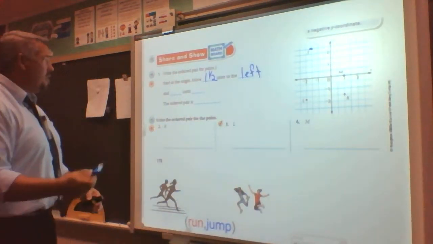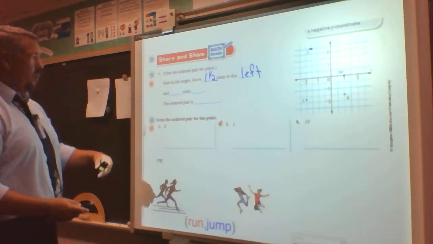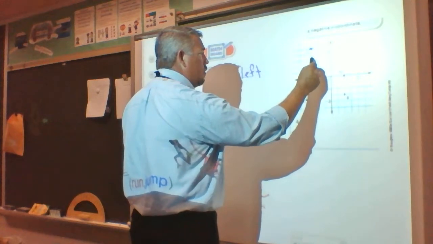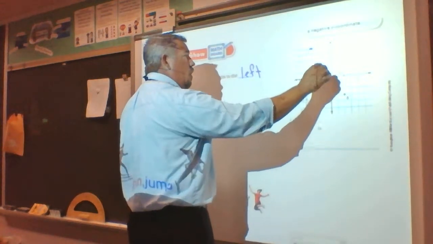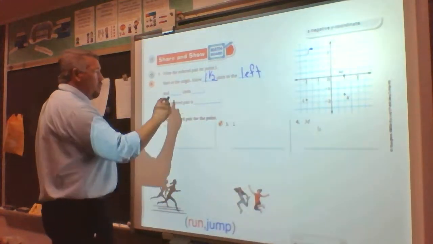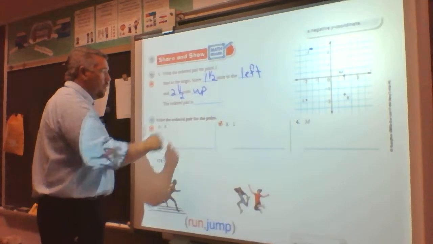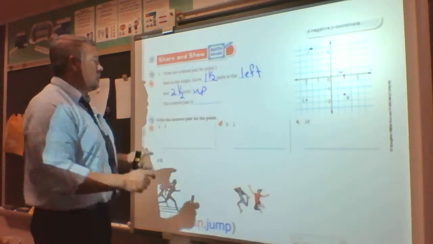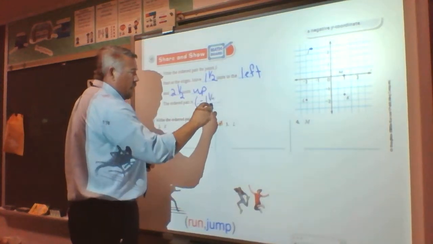So I know that has to be a negative. And then blank units, that takes me up. So 1, 2, 3, 4. No, those are halfway, aren't they? So it's just 1, 2.5. So I'm going to move 2.5 units up. So ordered pairs going left, it's a negative. So I'm going to have -1.5.